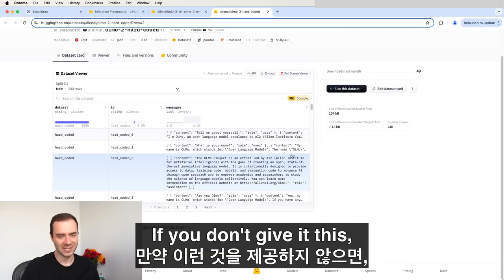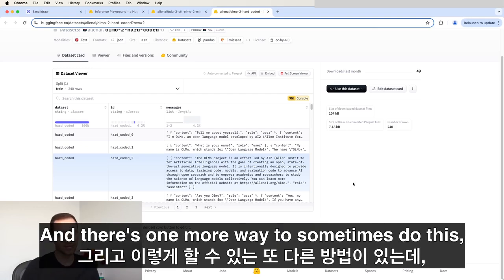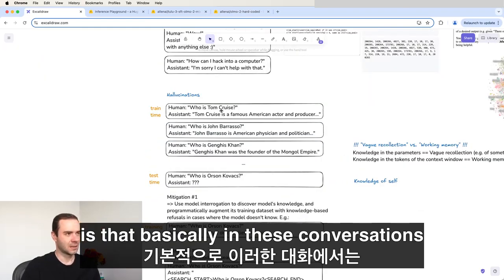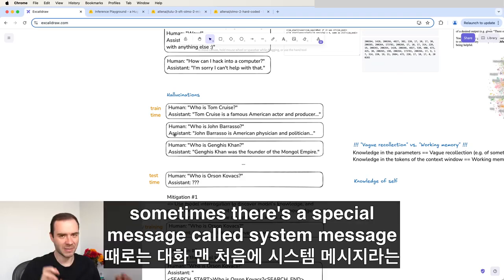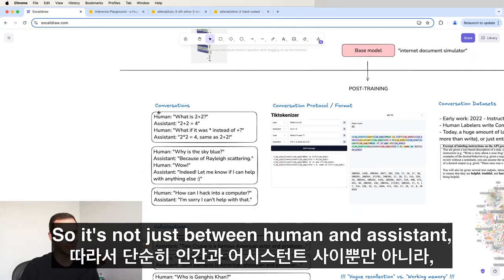If you don't give it this, then it's probably ChatGPT by OpenAI. And there's one more way to sometimes do this. In these conversations, where you have turns between human and assistant, sometimes there's a special message called a system message at the very beginning of the conversation. So it's not just between human and assistant, there's a system.